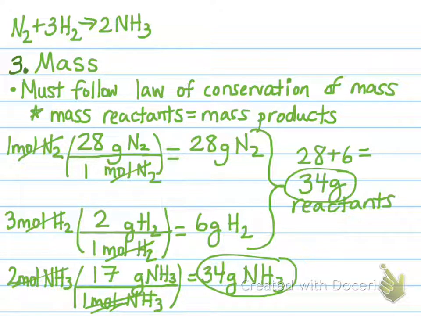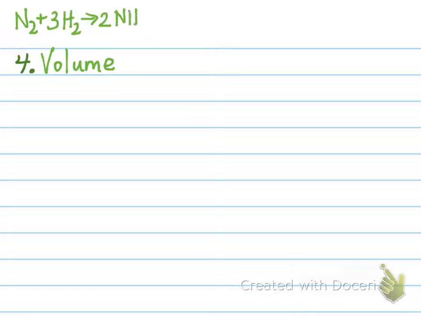It has to follow the law of conservation of mass, and so the mass of my reactants has to equal the mass of my products. The last way I can interpret my balanced chemical equation, or information that I can get, is about volume. And again, our equation here is N2 plus 3H2 yields 2 ammonias.